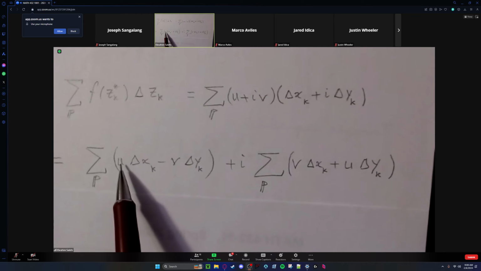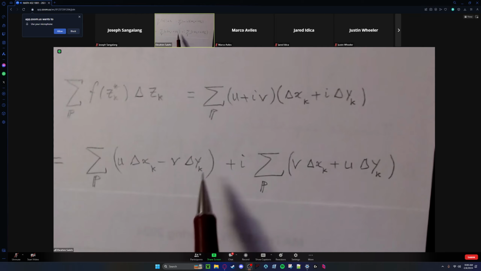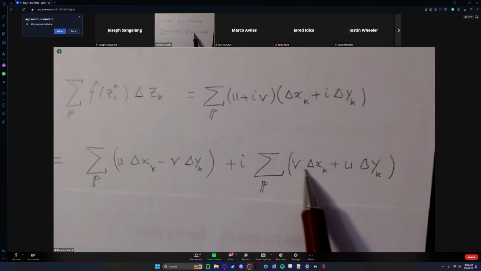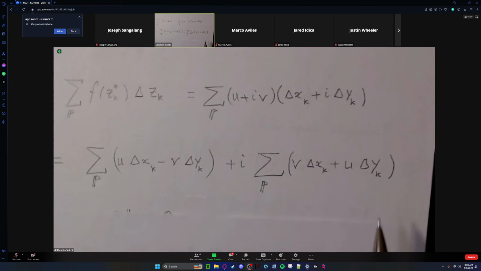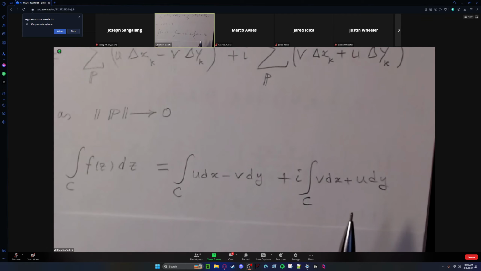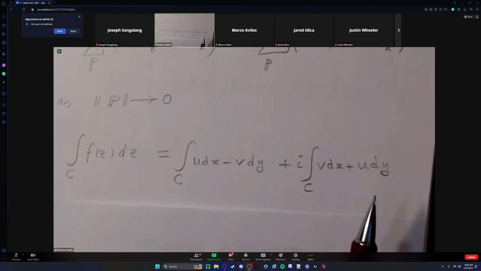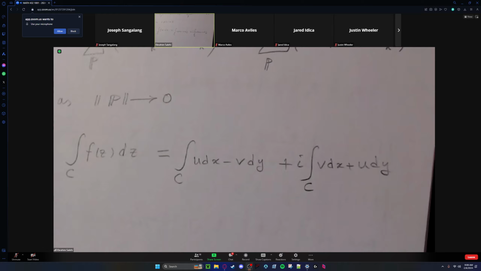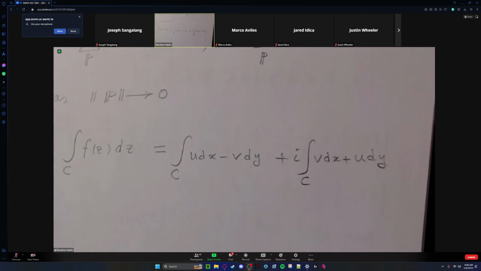This will give you u dx minus v dy, plus i times v dx plus u dy. So that is a very interesting way to look at complex integration, okay?